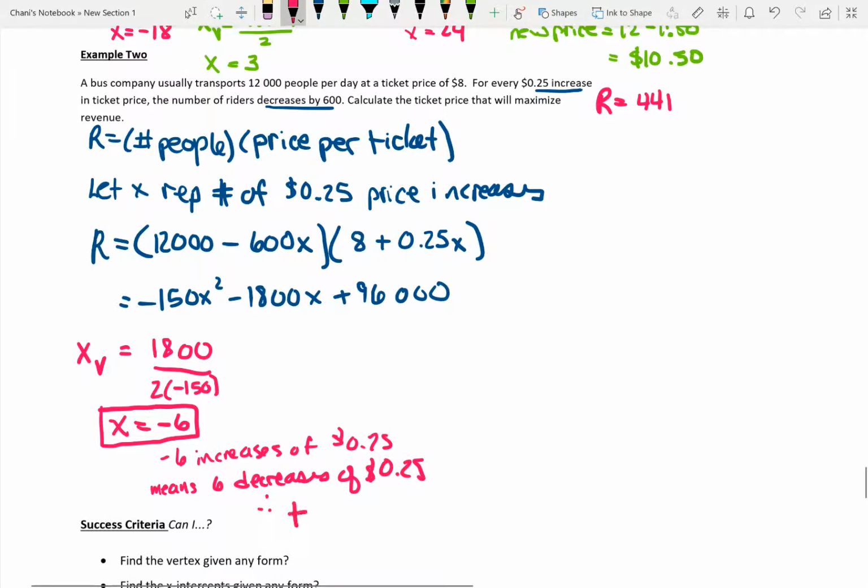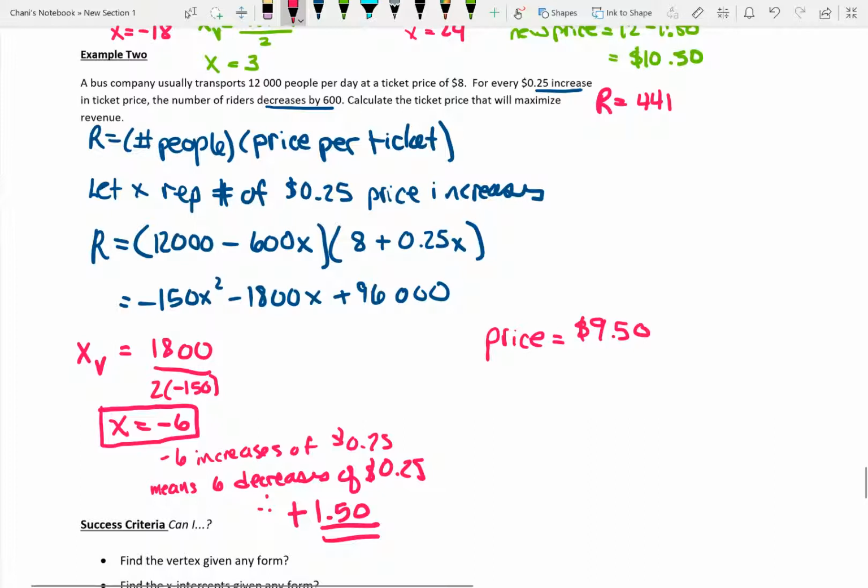Therefore, we're going to go up $1.50. So therefore, the new price should be 8 plus $1.50, so $9.50.